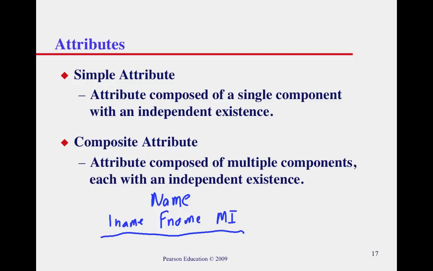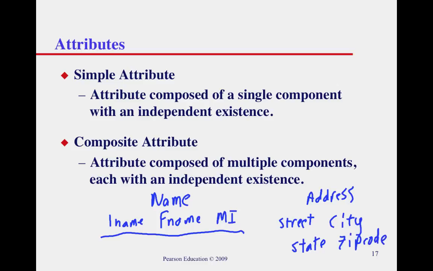These three attributes are related. They together comprise a name. Same thing for address. An address may consist of things like a street, a city, a state, and a zip code. Those four individually are simple attributes, but conceptually they are all part of an address. So it does make sense to talk about composite attributes, attributes that are composed of multiple components.